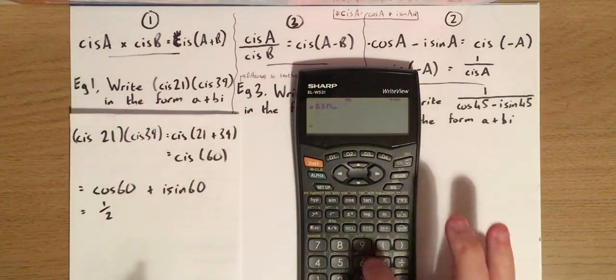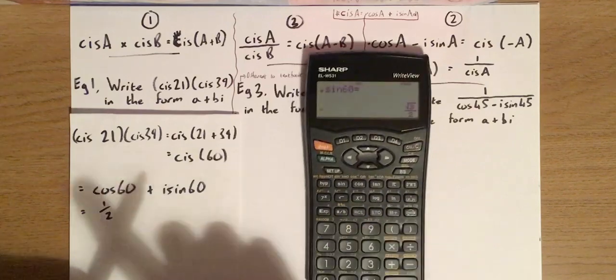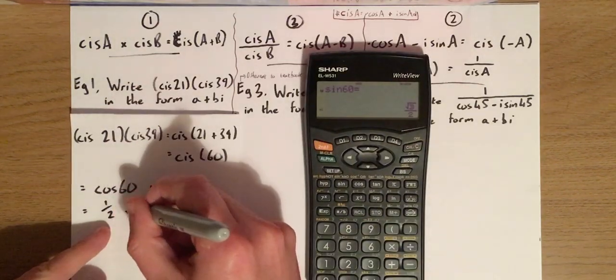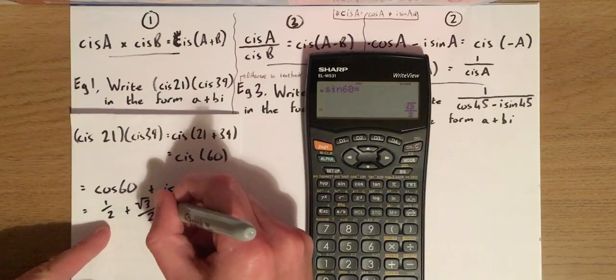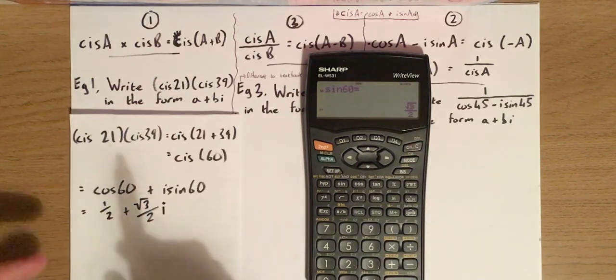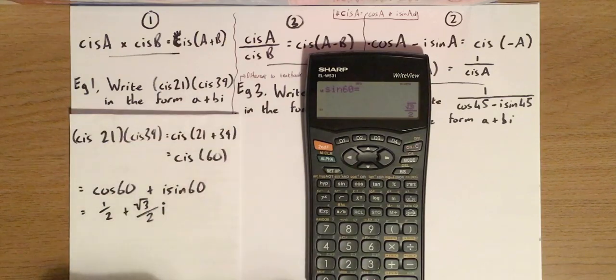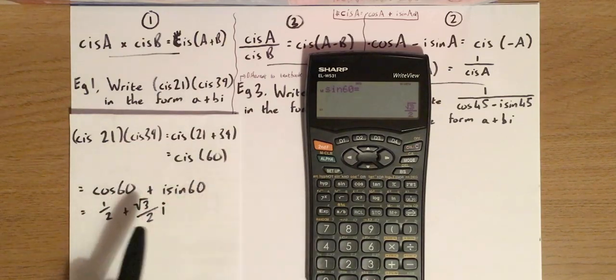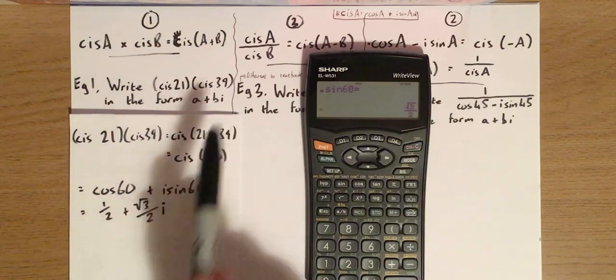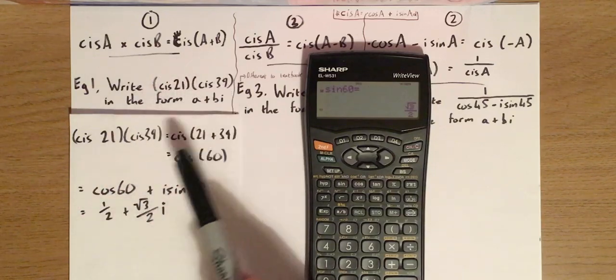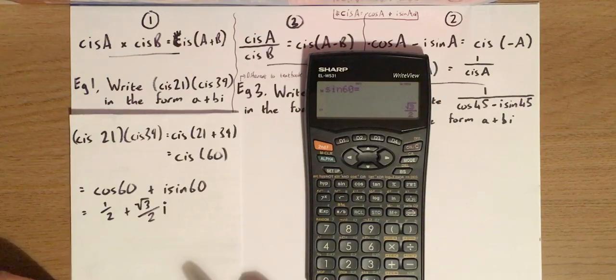The sine of 60 then is root 3 over 2, so plus root 3 over 2 i. Okay, no modulus to worry about there. So there it is: cis 21 multiplied by cis 39, multiplied together and then written in rectangular form.